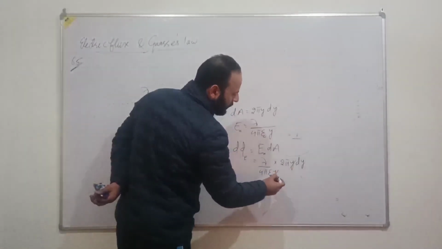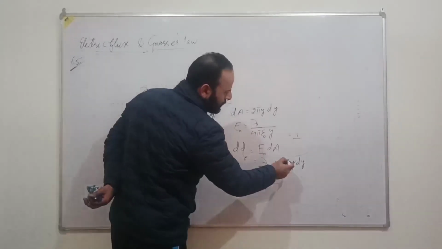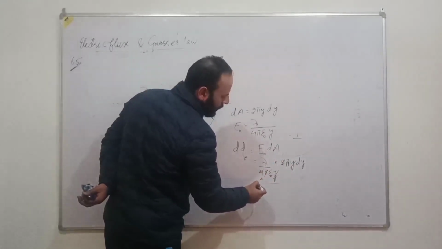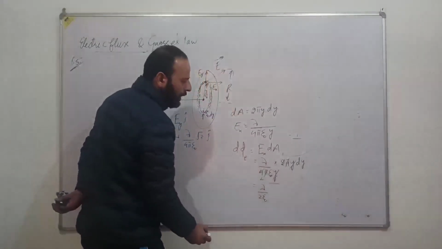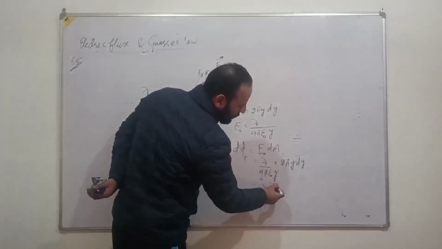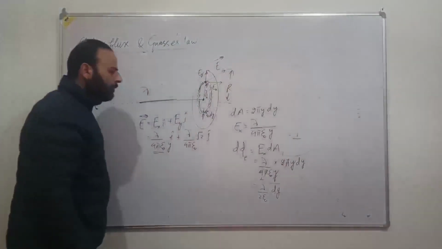Now this y and y will cancel, pi cancels, and 2 over 4 gives 2, so it is lambda divided by 2 epsilon naught, and what is left is only dy.